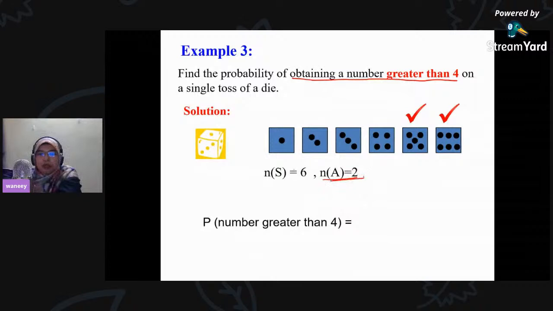Those are the possible outcomes for event A. So the probability of getting a number greater than 4 is n(A) over n(S), or 2 over 6, which is 1/3. You must give your answer in the simplest form. Okay, next.